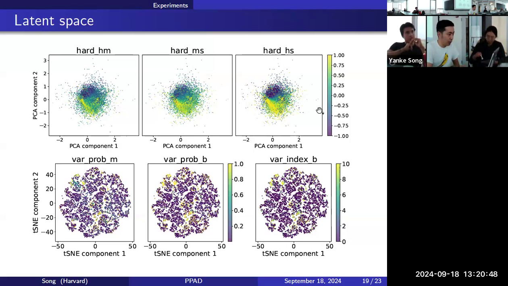On the top is PCA versus hardness ratios, which are some meaningful physical quantity. We can see that there are very non-trivial trends of hardness ratios in the PCA space. And on the bottom are variability probabilities computed from Gregory-Loredo, plotted against t-SNE.